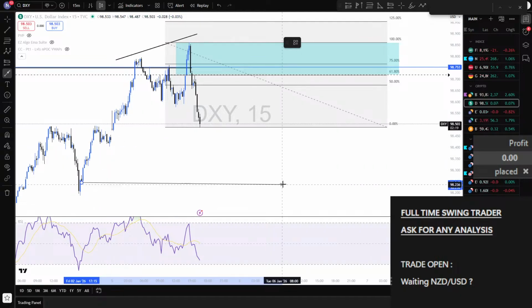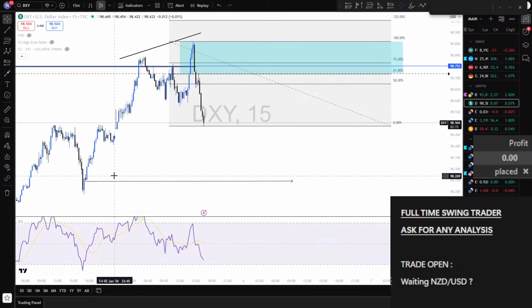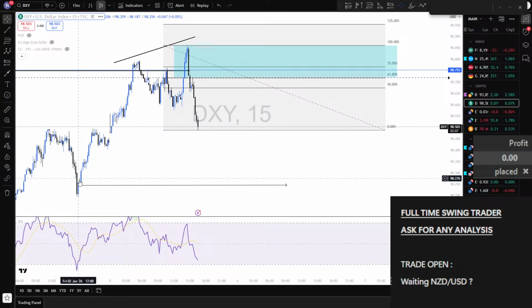So this one basically, because it's a bearish divergence, the possible target was the unfilled bearish candle. No, in that case you only have this one.